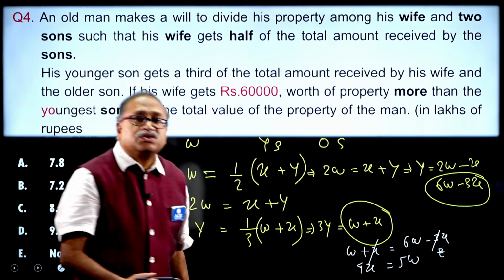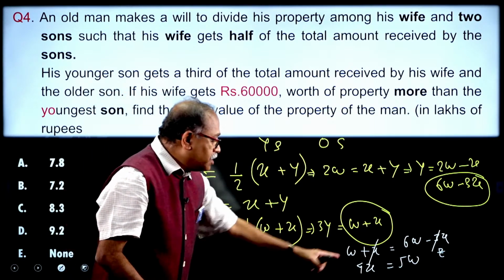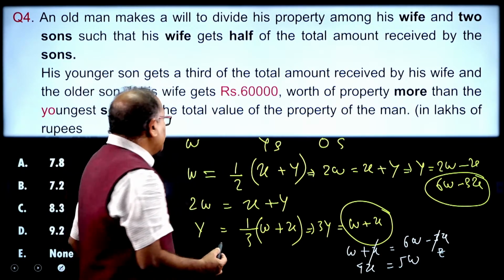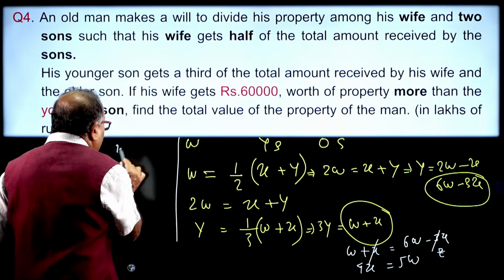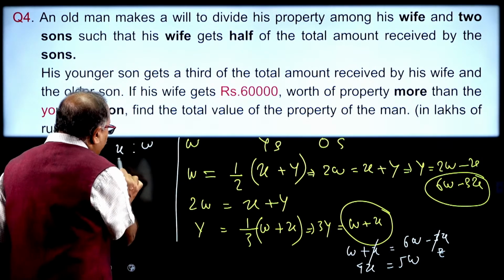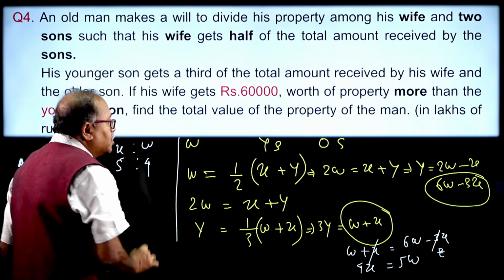So what is the x to w ratio? The x to w ratio is 5:4.